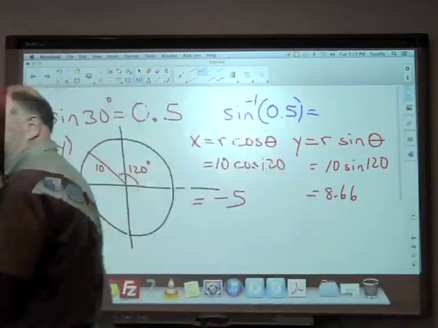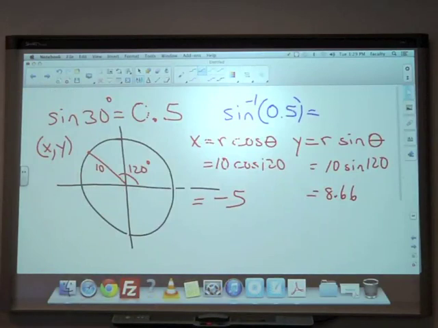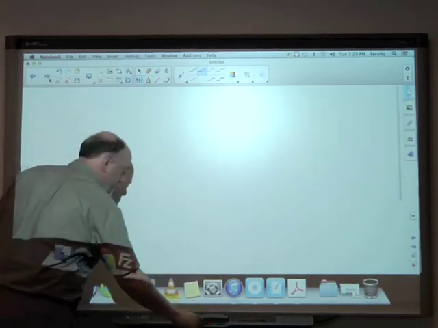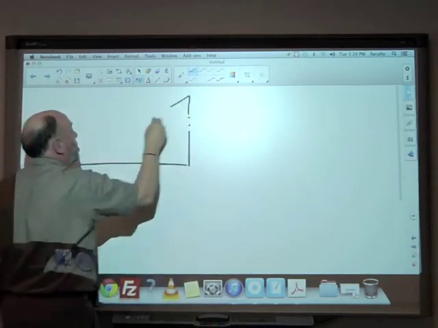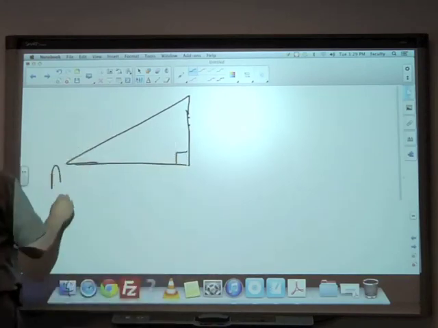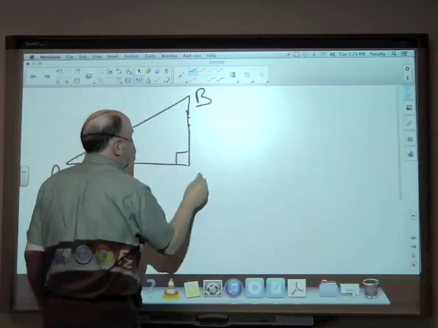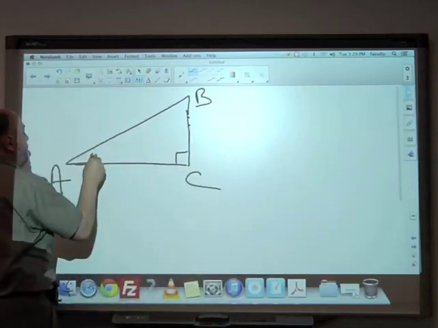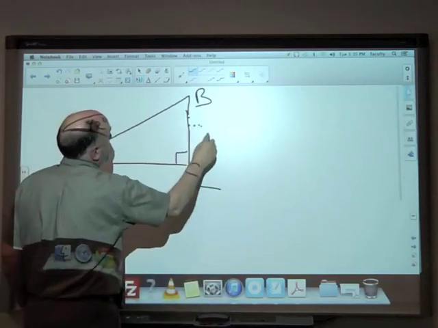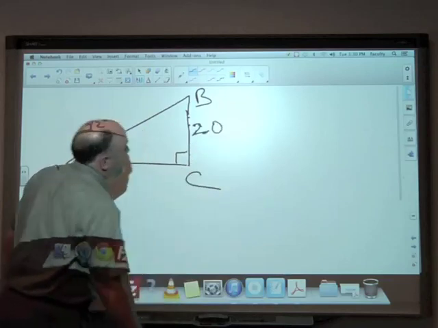So given a right triangle, you ought to be able to find all the missing pieces of information. For example, given something like this, I got a right triangle, call this A, B, and C. Let's say that this is 42 degrees, and this is going to be 20.